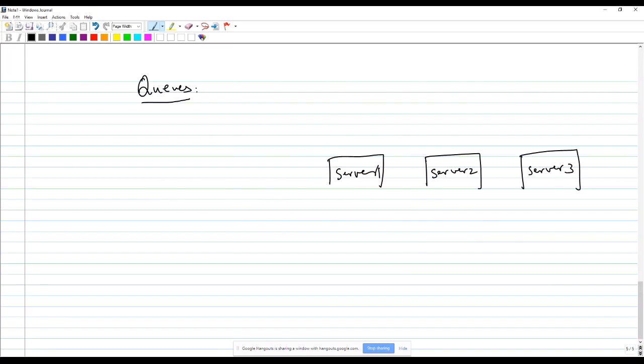There are multiple servers, and there is a queue that is formed, so there will be multiple queues maybe. So you could have 3 queues, 1 for each server.